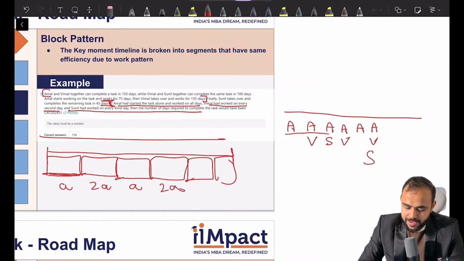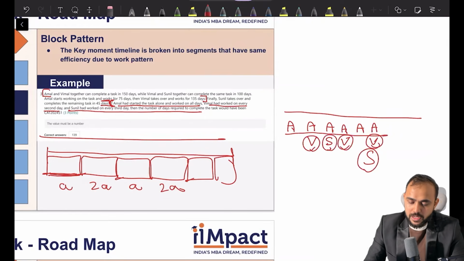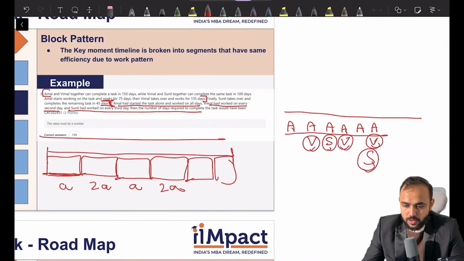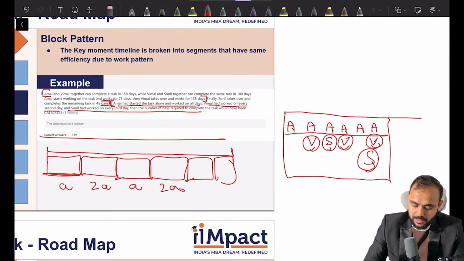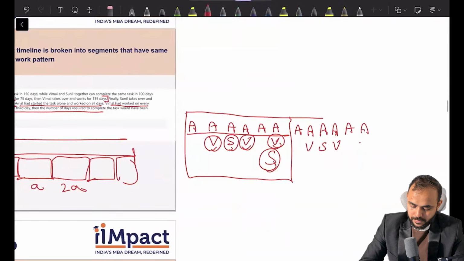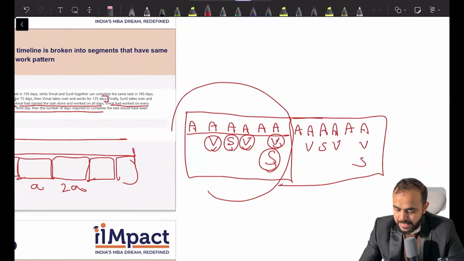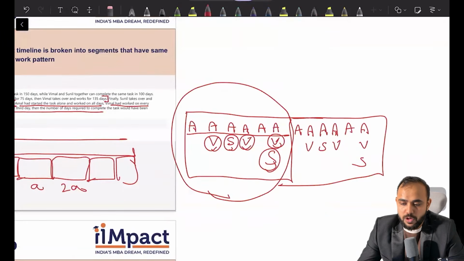So Amal is working every day, Vimal is working on even days, and Sunil is working on the third, sixth, and so on. After this, this pattern will repeat, correct? So this sixth day is what you will take as your block.